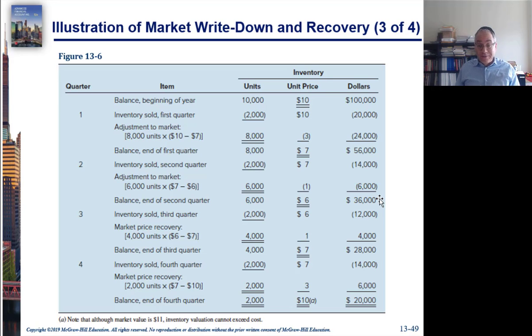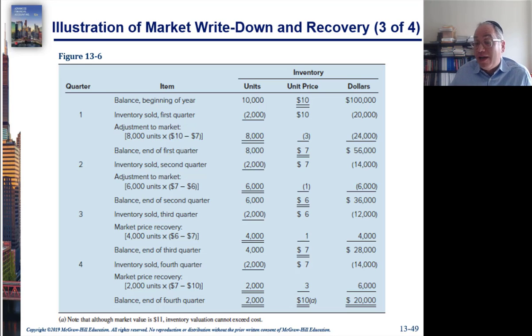So here, by quarter 3, inventory sold is 2,000 at a unit price of $6 apiece. Total inventory value is $36,000. But now the market value has increased to $7 a unit. So you can write it up.